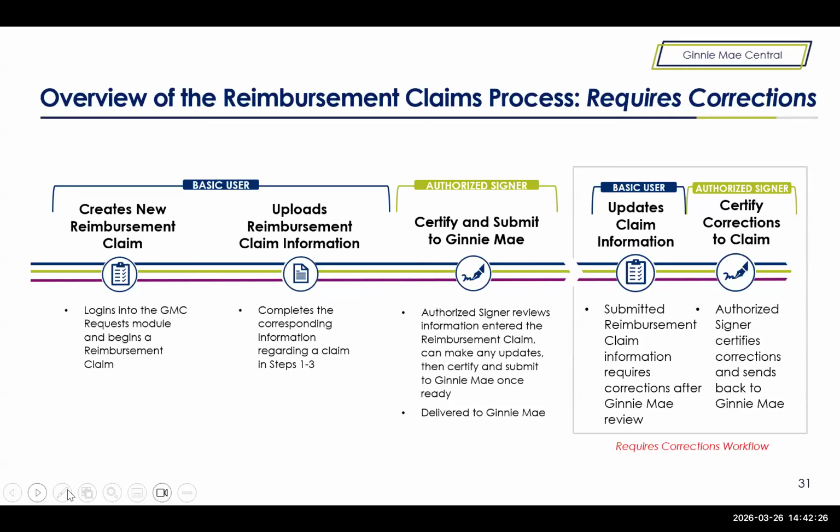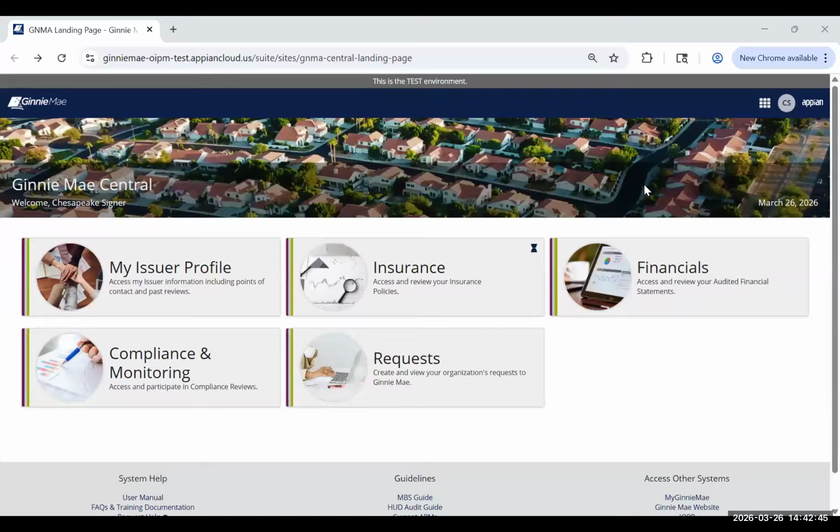So I am going to go ahead and pull up my screen in the GMC module. I am currently logged in as an authorized signer for our mock organization, Chesapeake Mortgage, for the sake of this demo. Here we are on the Ginnie Mae Central landing page.